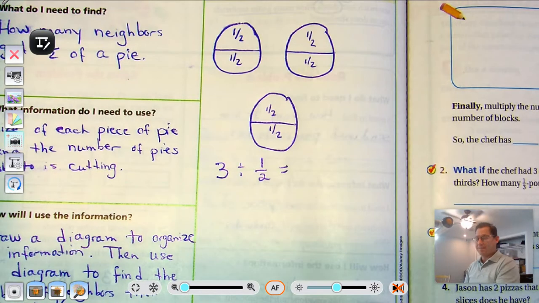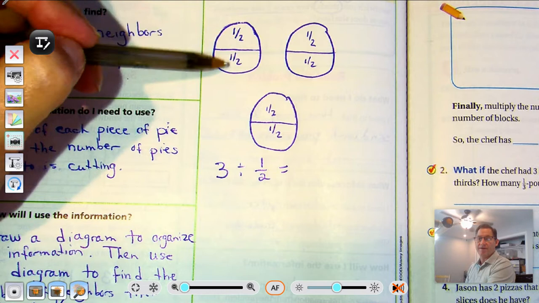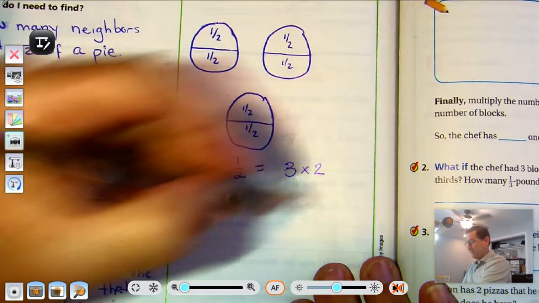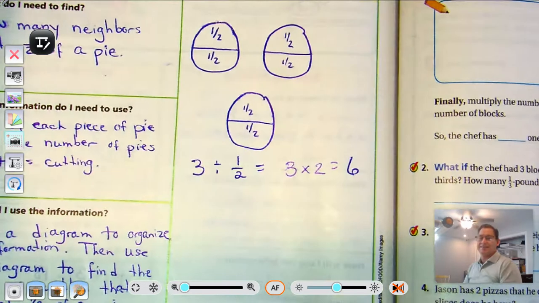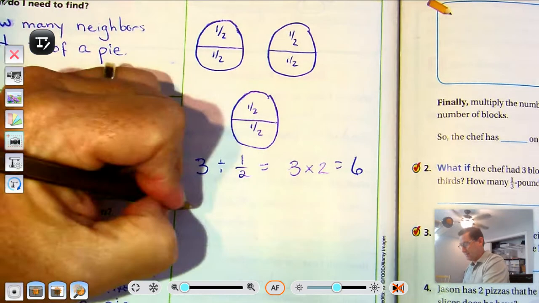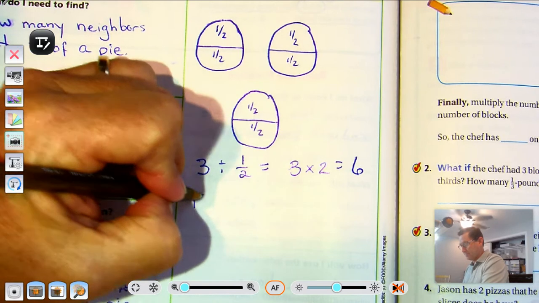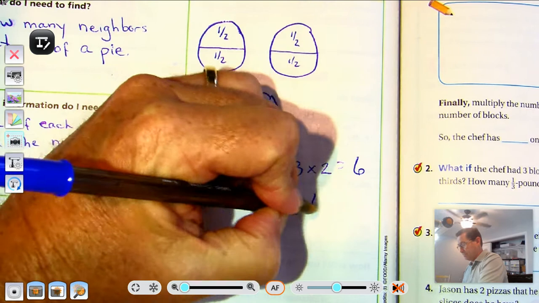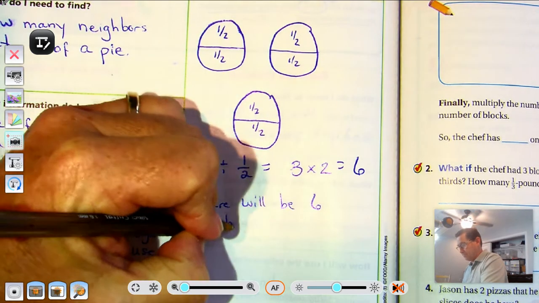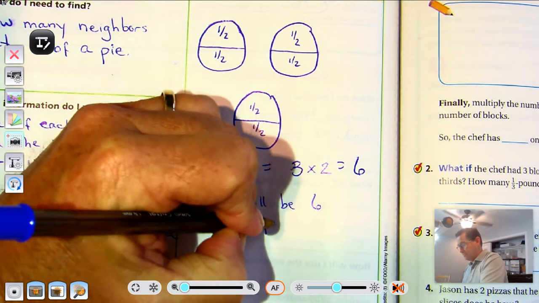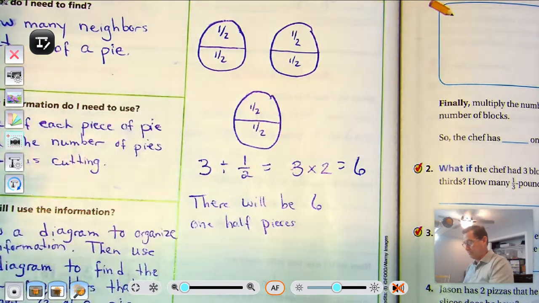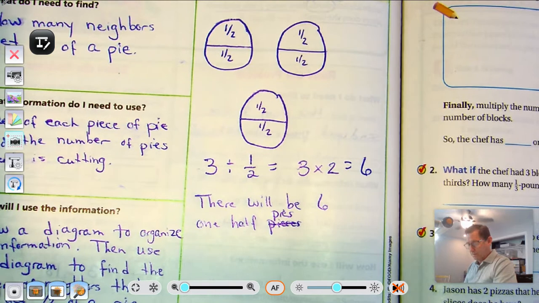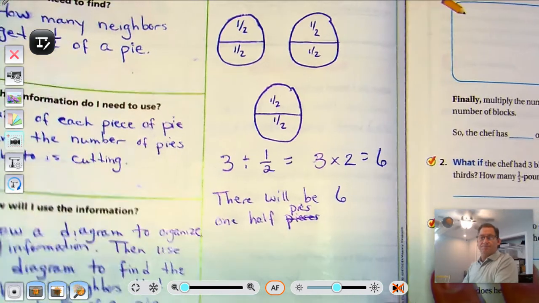Well, that's the same as saying how many halves are in every whole. So if there's 2 halves in every whole, then there has to be 6 1/2 pieces. So he's going to give 6 neighbors.